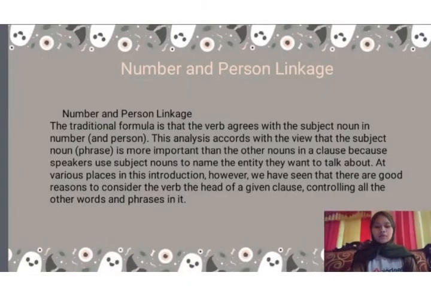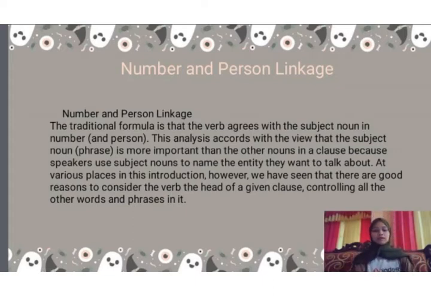I will present about number and person linkage. The traditional formula is that the verb agrees with the subject noun in number and person. This analysis accords with the view that the subject noun is more important than the other nouns in a clause, because speakers use subject nouns to name the entity they want to talk about.